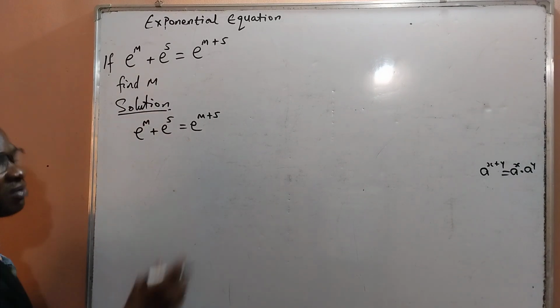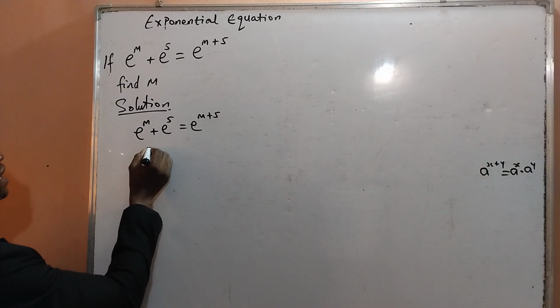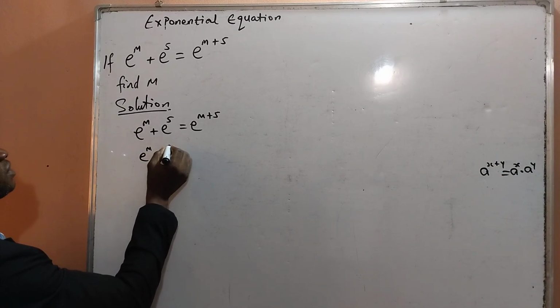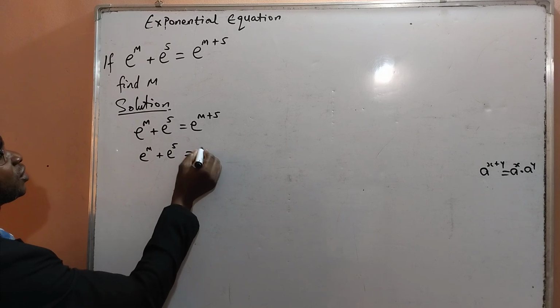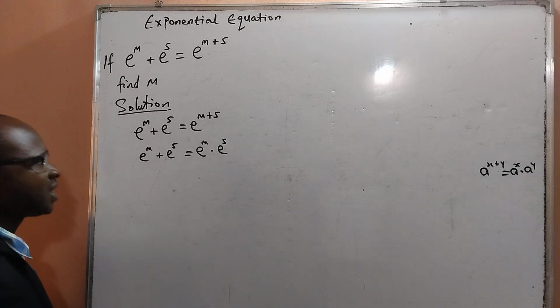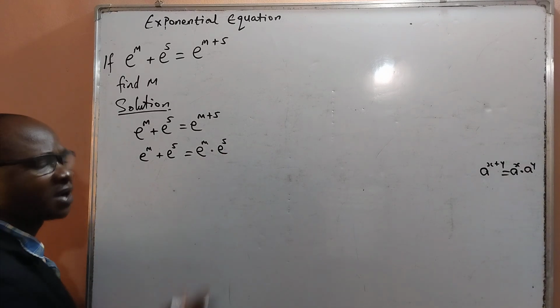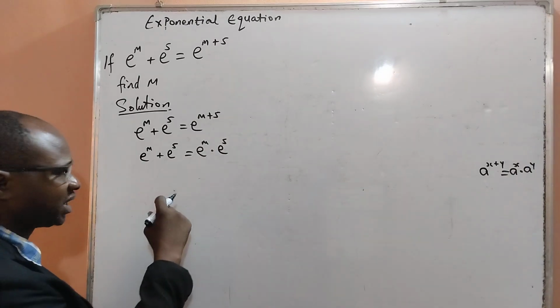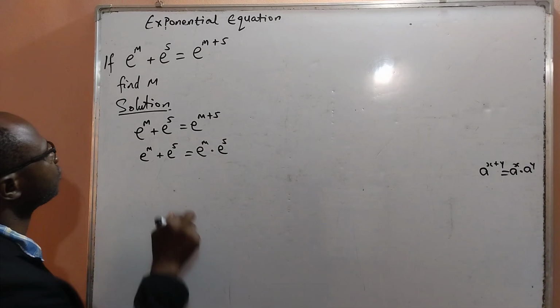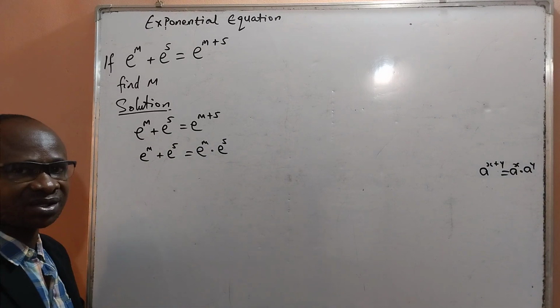I will apply it to the right hand side, and that will give me e raised to the power n plus e raised to the power 5 equal to e raised to the power n multiplied by e raised to the power 5. At this point, I want to move what I have on the right hand side to the left, and also move e raised to the power 5 from the left hand side to the right hand side.